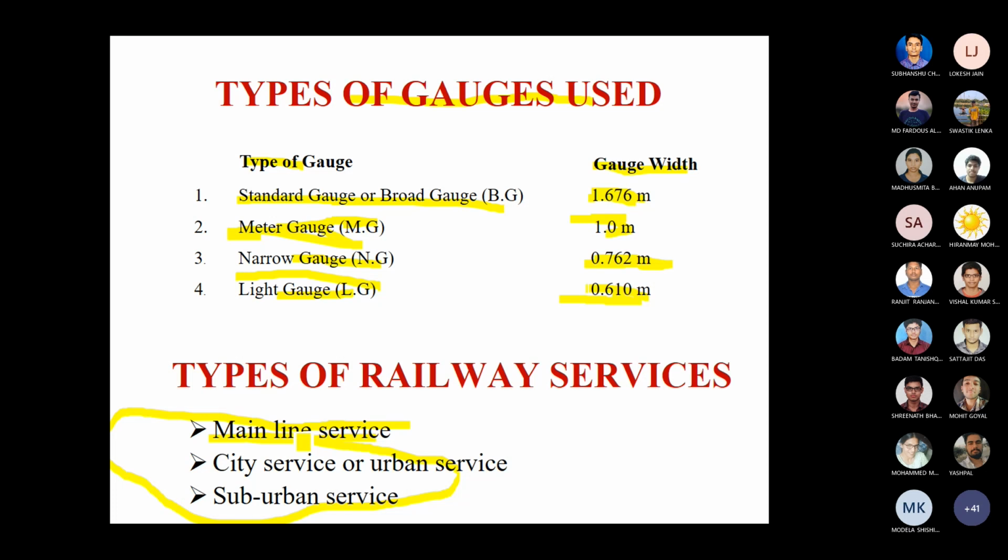Consecutive distance between two stations means two stoppages of the locomotive. Especially we use the EMU, so that happens in your suburban service.